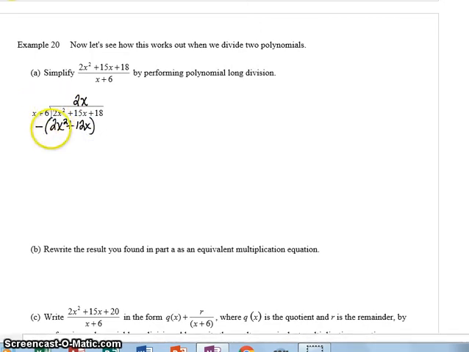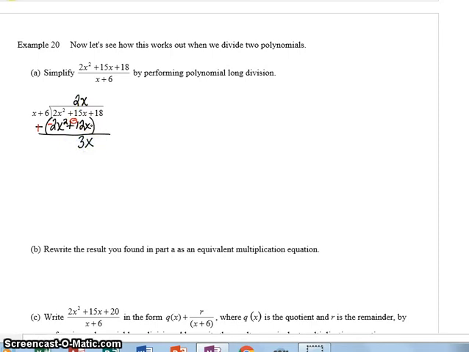And when you subtract something, you're changing the signs. So this becomes a negative 2x squared, and that becomes a negative 12x. Now, I add them up and down vertically. When we subtract them vertically, you always want this to cancel out and be 0. And then you have 15x take away 12x, and that results in a 3x. So I'm left over with 3x.